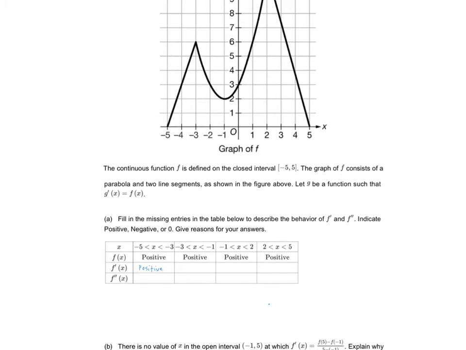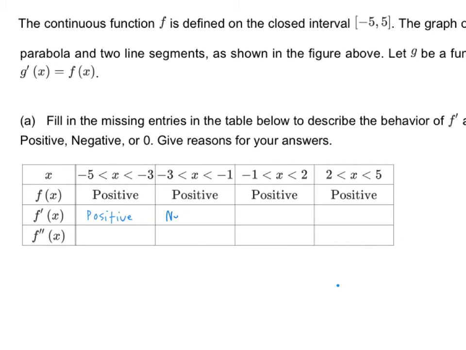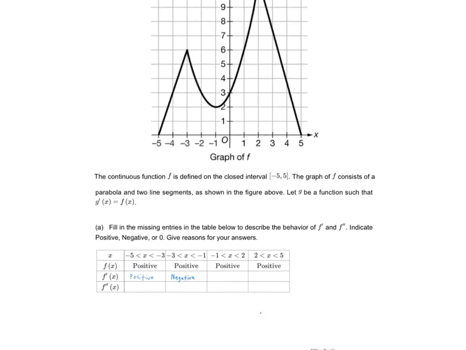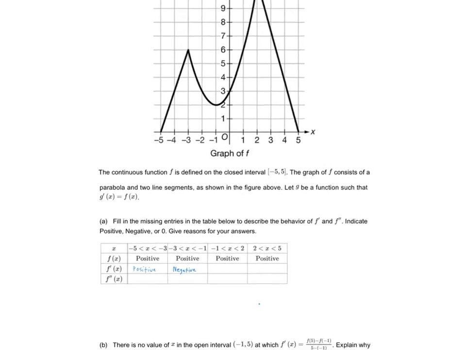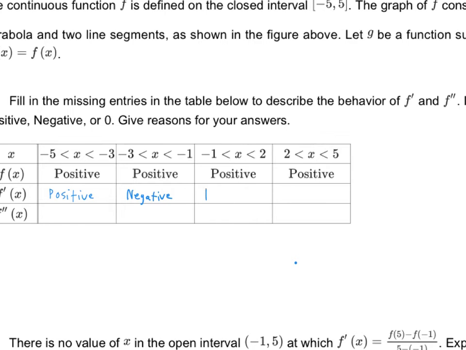From -3 to 1, it's decreasing the whole time, so it'll be negative. From -1 to 2, it's increasing, and then from 2 to 5, it's decreasing. So positive, negative.